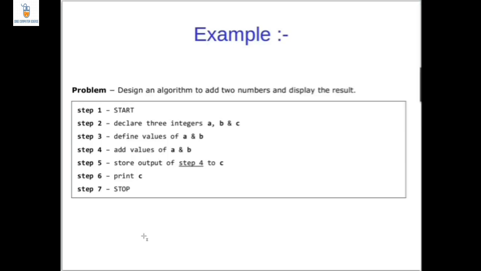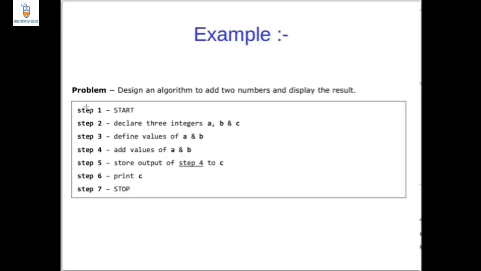Step 3 will be defining values of a and b. Step 4 would be adding values of a and b. Now step 5 is storing the answer of addition in c. So once c will store the sum of a and b, step 6 will be printing c, that is printing the answer. And the last step would be stop.